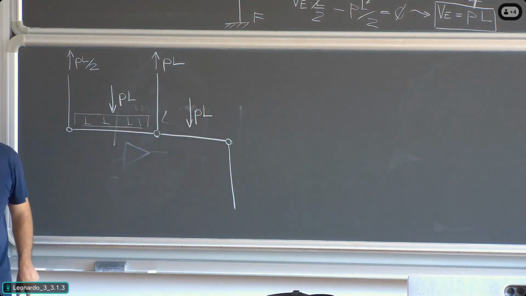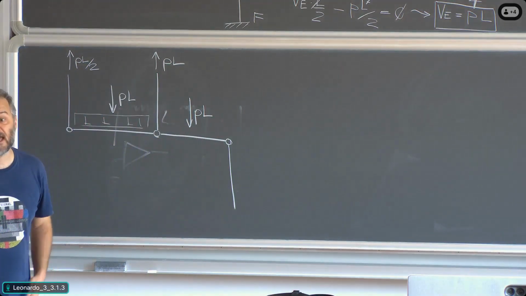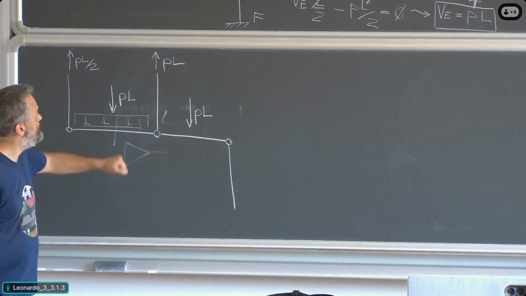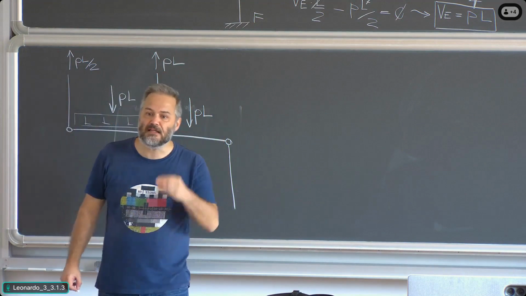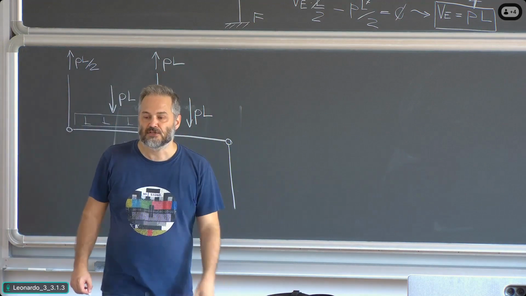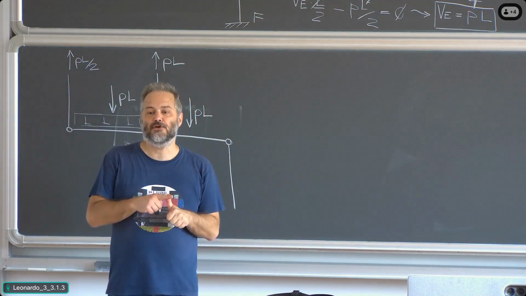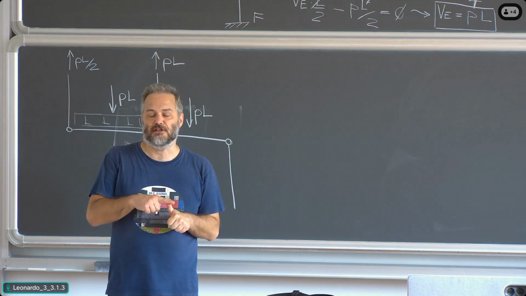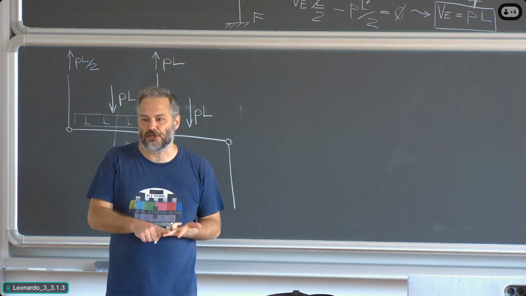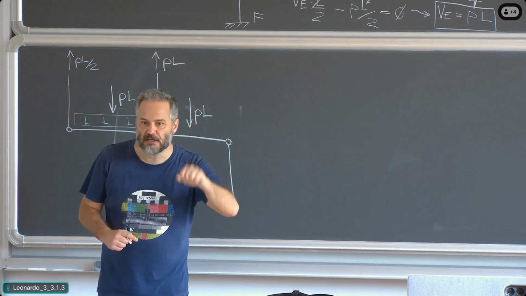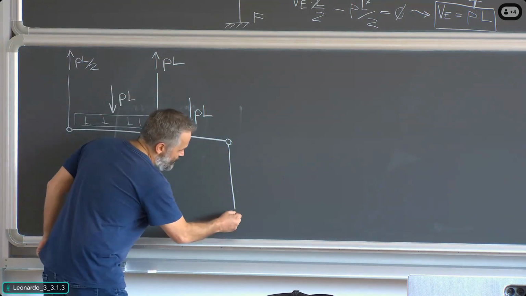How many reaction forces do we have at point F? We have 3, because point F, as you see, is a built-in end. So no displacement in the horizontal direction, no displacement in the vertical direction, no rotation. 3 reaction forces.